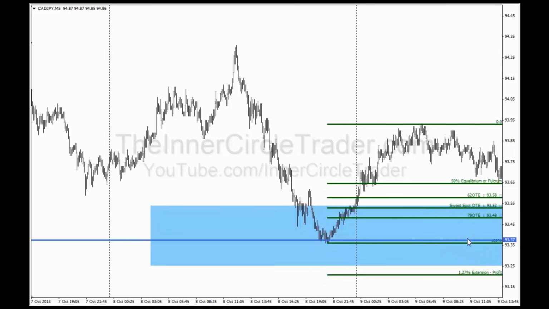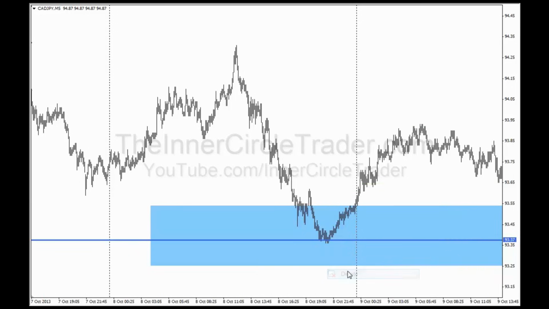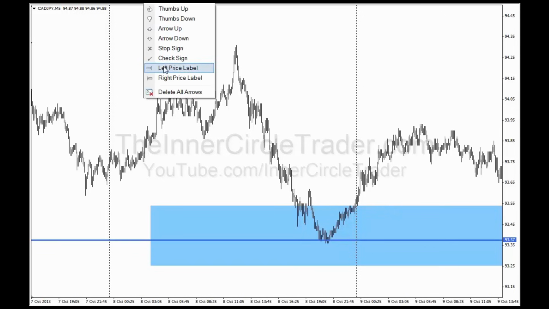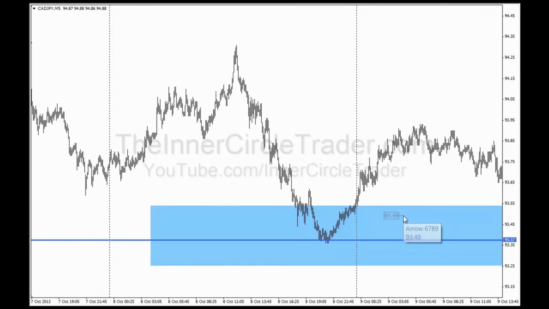Okay, 93.37. Where is that in terms of institutional levels and big figures and mid figures? Okay, notice that we have the mid figure up here. So if I use that reference point, okay, we have that.